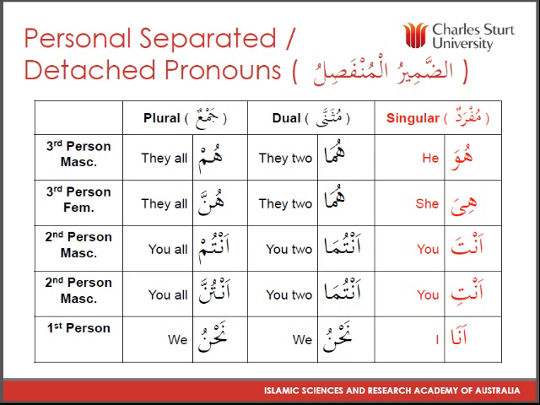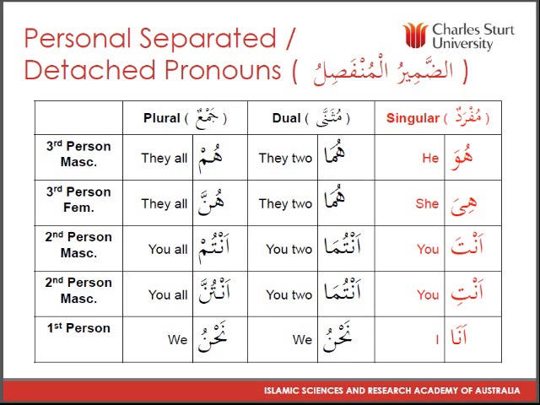So there are different separated pronouns. Huwa means he. As I explained, it is a personal pronoun for what? For singular, for masculine, for third person. Who is the third person? He is not here. He is somewhere else.